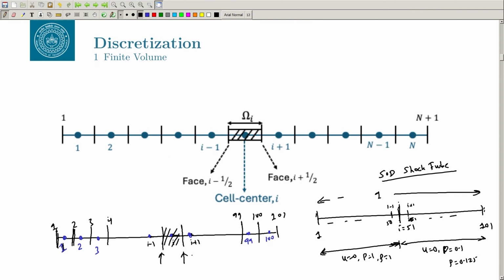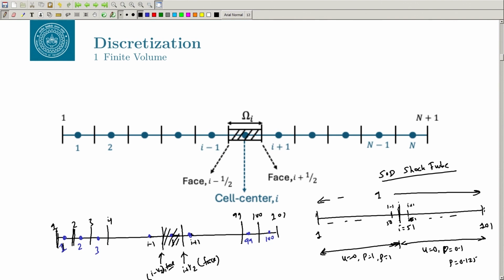We can further simplify it, we can call this between cell I and I plus 1, so we can call this I plus half. This is my face. Similarly, this one I can call I minus half, this is my another face. For 1D each cell will have 2 faces, left and right.